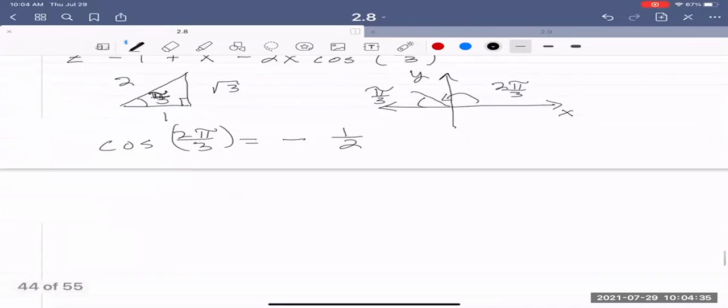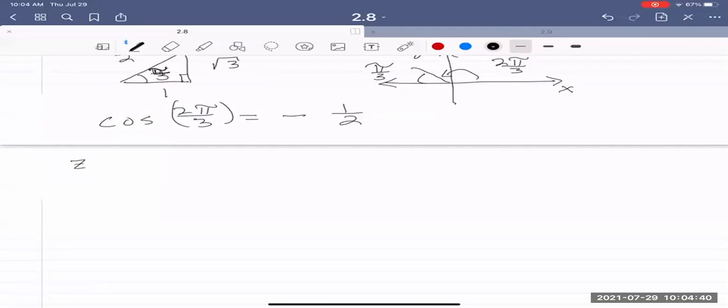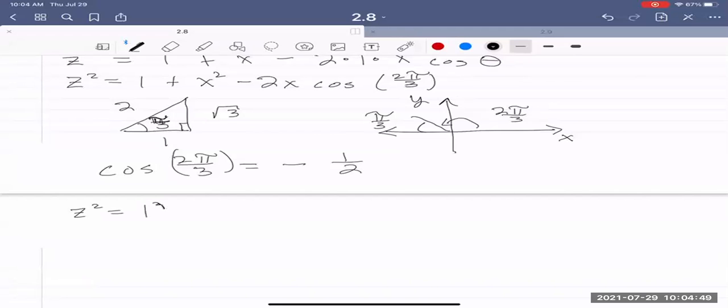Okay, so let's simplify this now. So I have z squared equals 1 squared, equals 1, plus x squared.